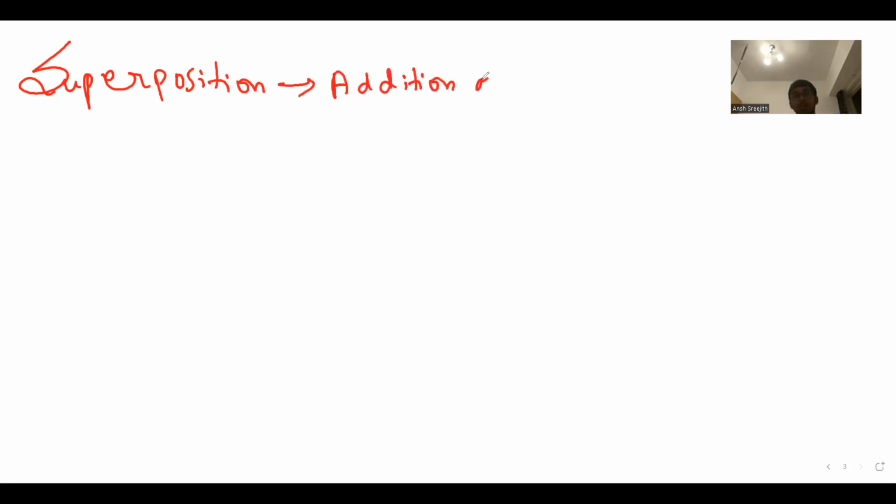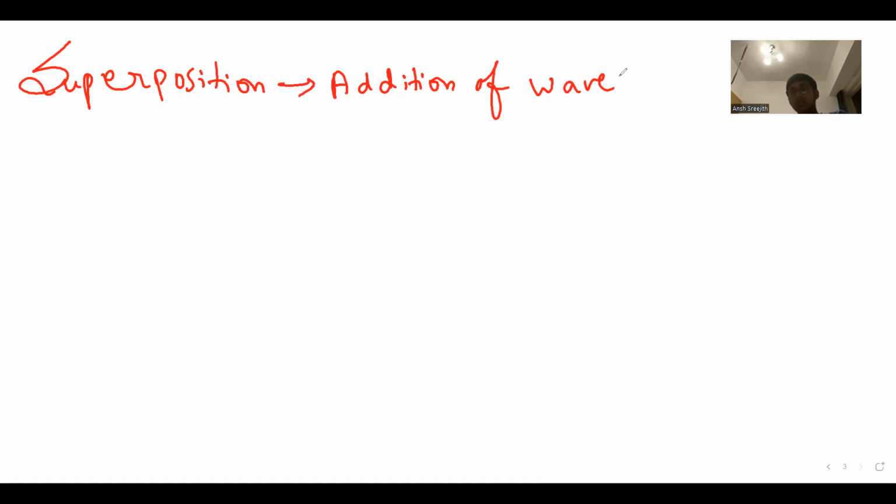Now, superposition. Superposition in physics means what? Addition. Addition of anything, whether it is a wave or vectors, just like you have studied superposition of vectors.